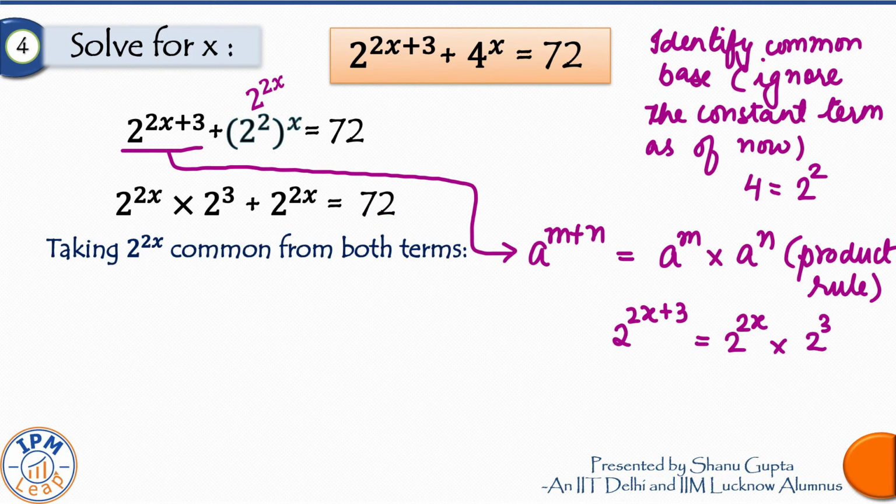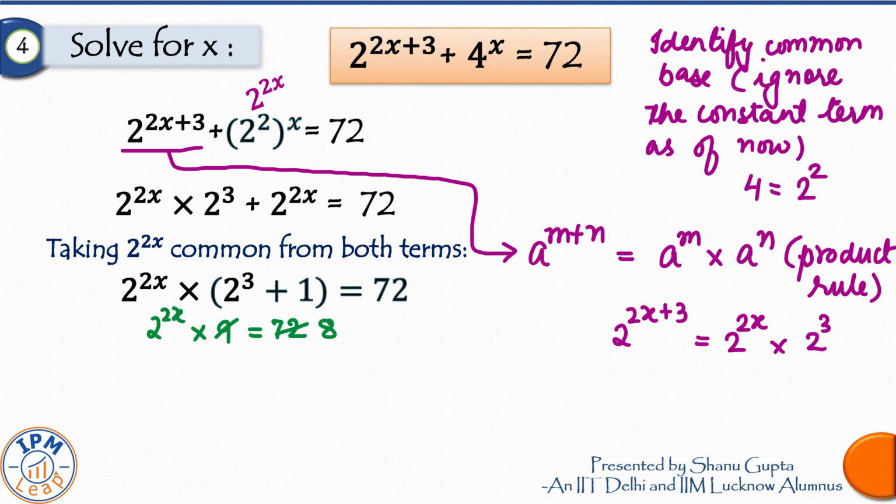We can take 2 raised power of 2x common out of both terms. So 2 raised power of 2x into brackets 2 raised power of 3 plus 1 is equal to 72. 2 raised power of 3 is 8 and 8 plus 1 is 9. So 2 raised power of 2x into 9 is equal to 72. 9 8s are 72.